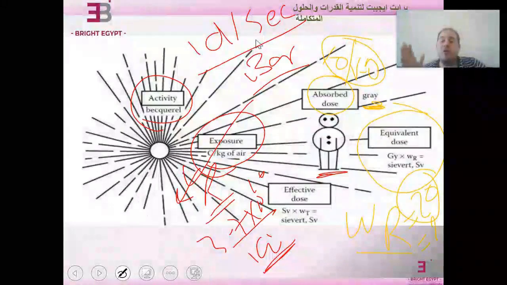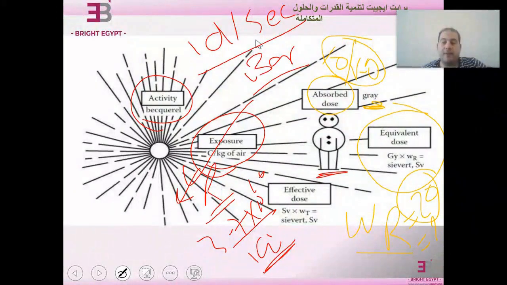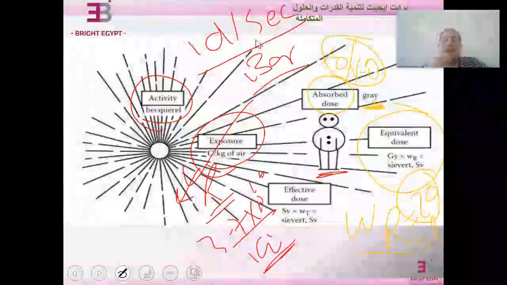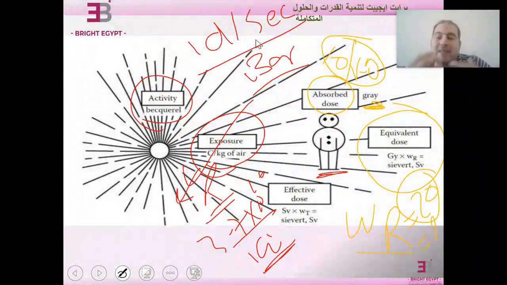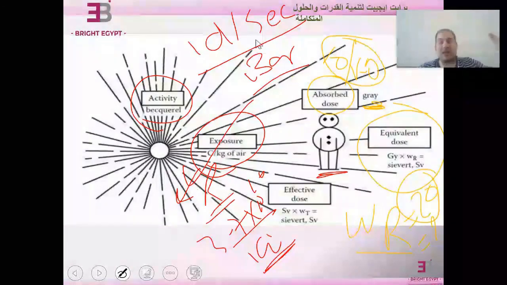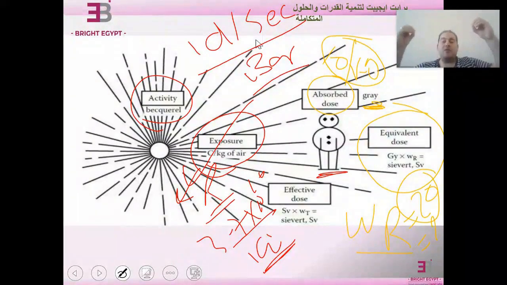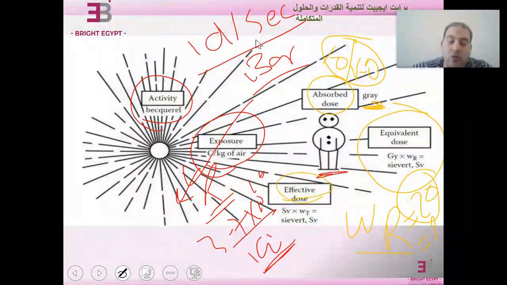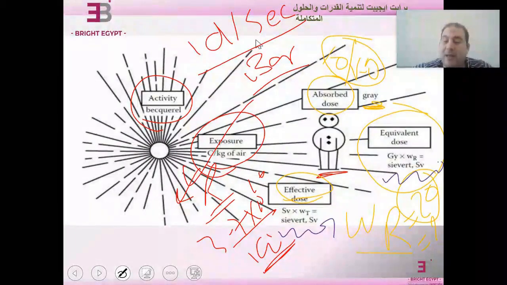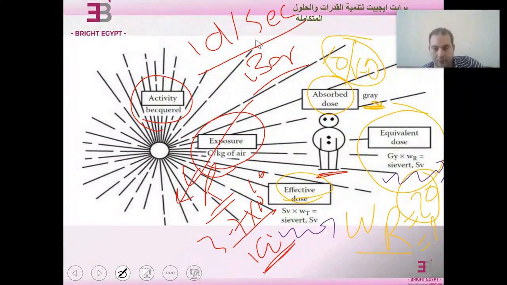As we mentioned, each organ has different sensitivity, so I need a new definition that takes into consideration sensitivity and the radiation weighting factor. Thus, I created something called effective dose. If I want to calculate exposure to 10 gray, I need to refer to the equivalent dose.